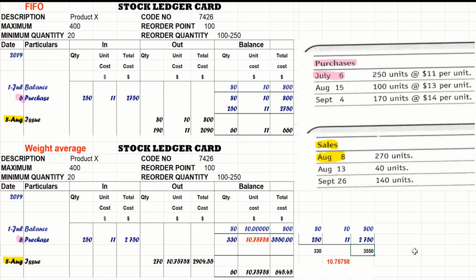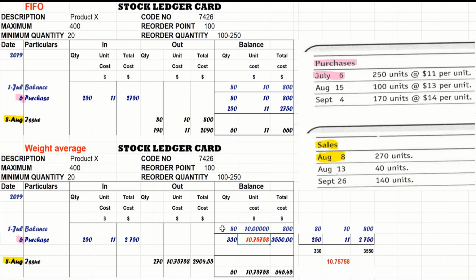I now say this amount divided by the 330 gives me a weight average value for those items. And like I said, I don't round it off to the closest dollar, but keep it to 5 decimals. And it's this amount in red that I now put in there.